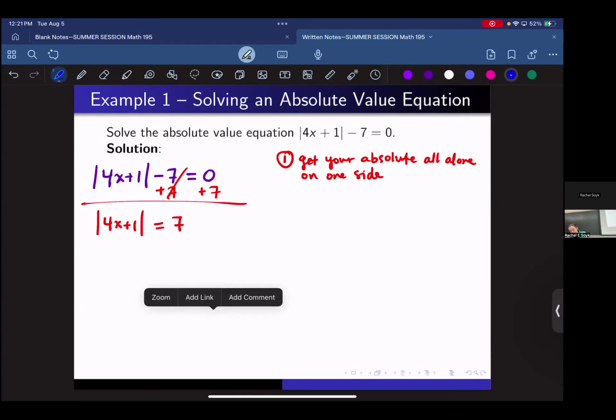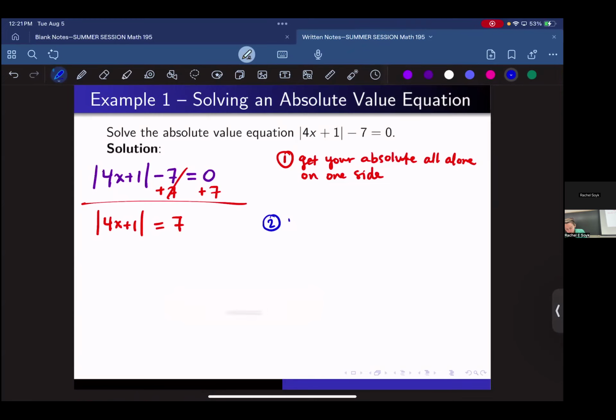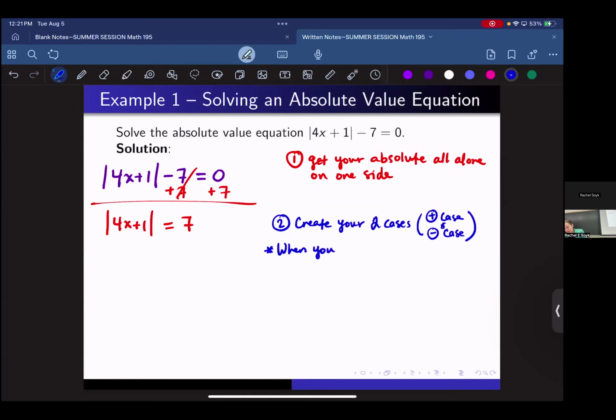Now you want to think of your two cases, your positive case and your negative case. So create your two cases. When your cases are created, you can drop the absolute value.